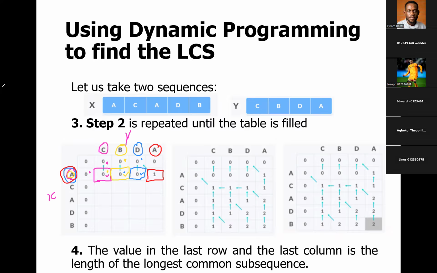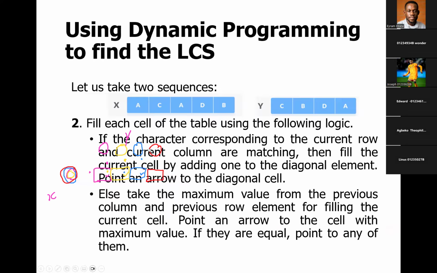What did he say? Let me go back to get what it says. So it says, if the character corresponding to the current row and the current column are matching, then fill the current cell. So in this case, it will be the red cell, right? We are filling it by adding 1 to the diagonal element.